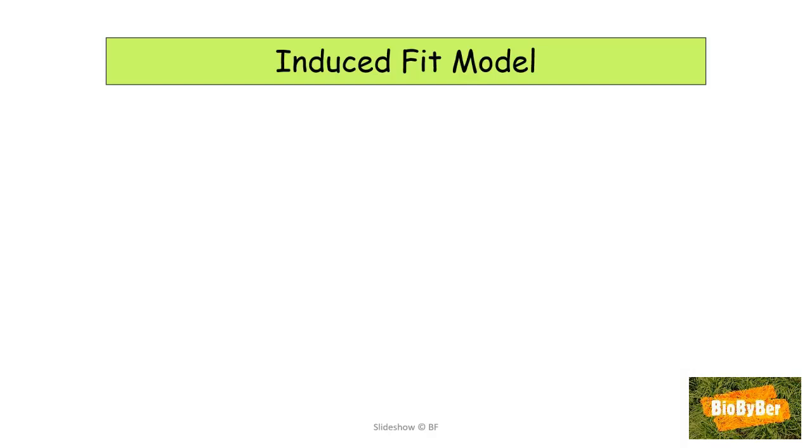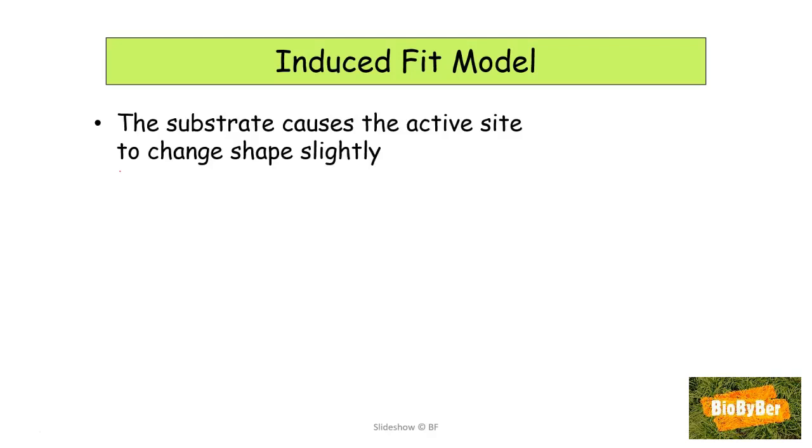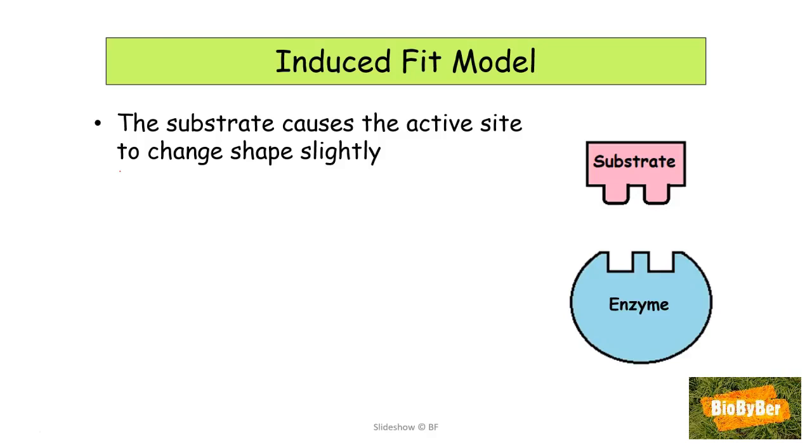Now we will use the active site theory to explain how enzymes work, or to explain the induced fit model. In this theory, the substrate causes the active site to change shape slightly. There's still a good match, but the shape of the active site is now flexible.